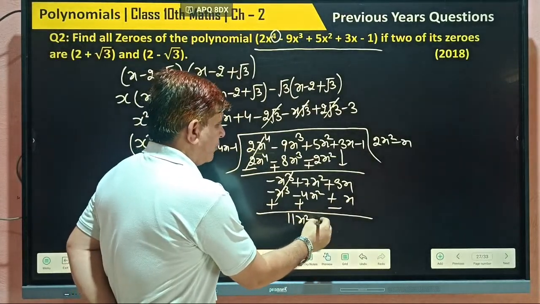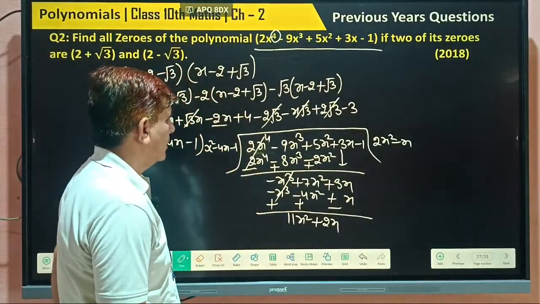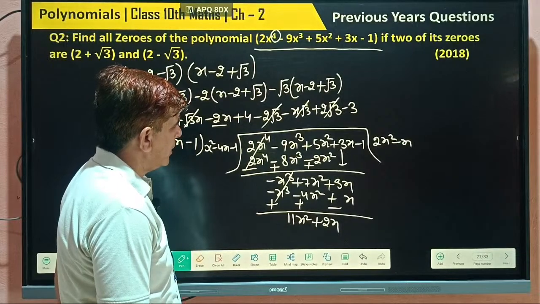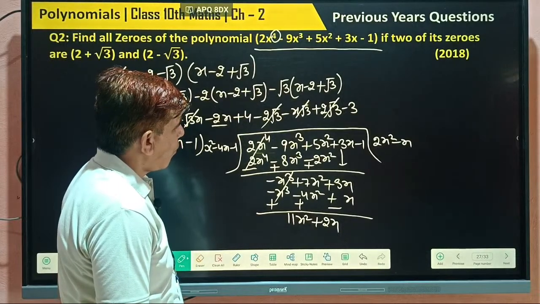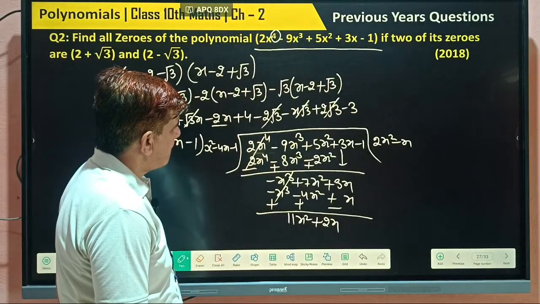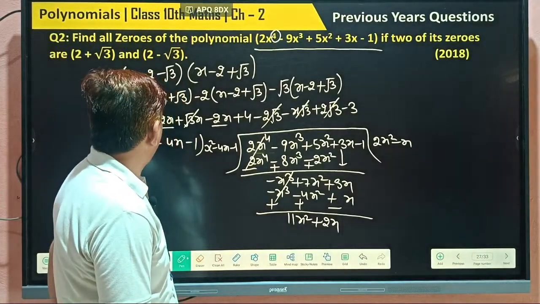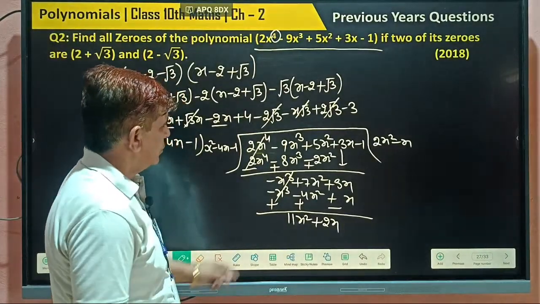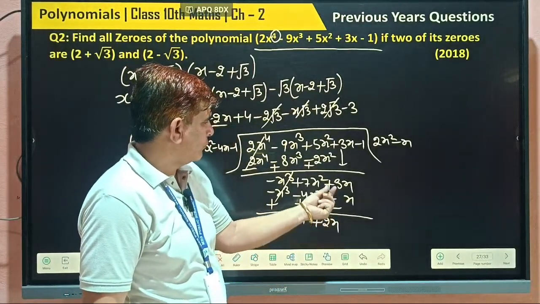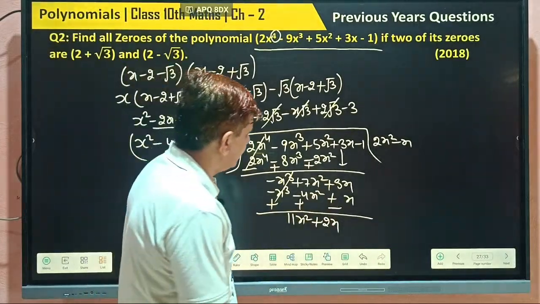11x square plus 2x. Check one time. What is this? x square minus 4x. So 11x square plus 2x, and then what's coming?